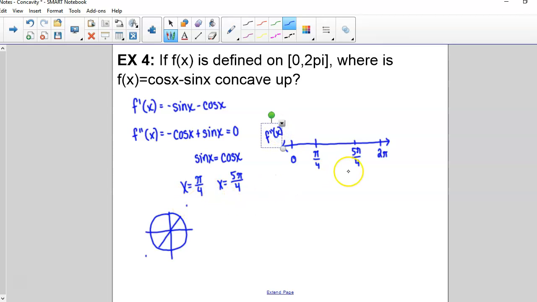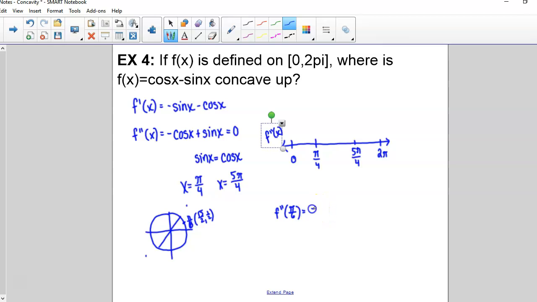And so if we are thinking about numbers to pick in between here, from 0 to pi over 4, the only thing we know there is pi over 6, which is root 3 over 2, 1/2. So f double prime of pi over 6 would be negative cosine.